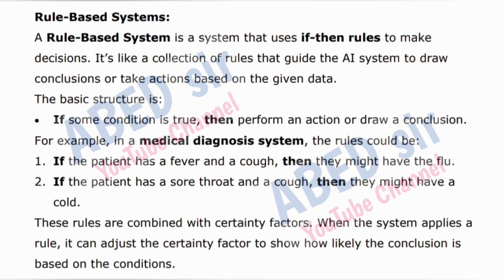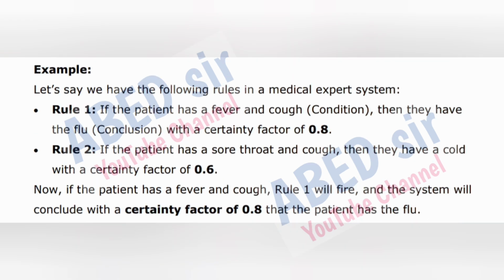These rules are combined with certainty factors. When the system applies a rule, it can adjust the certainty factor to show how likely the conclusion is based on the conditions. Example: let's say we have the following rules in a medical expert system. Rule 1: if the patient has a fever and cough, condition, then they have the flu, conclusion, with a certainty factor of 0.8.